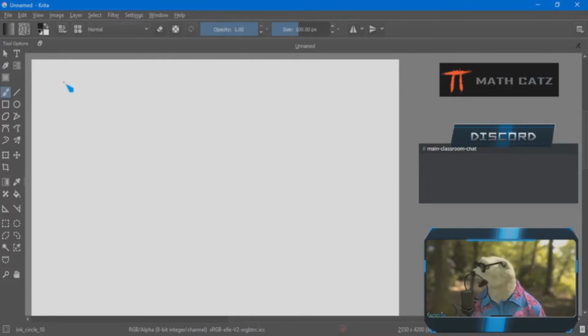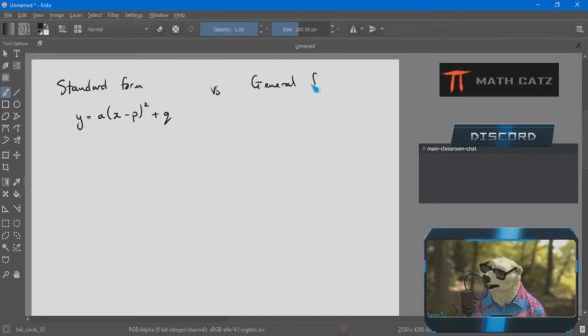Okay, so we have the standard form, or our PQ form as I like to call it, of my quadratic function versus the general form, which is y equals ax squared plus bx plus c. Now, I guess pros and cons to both.